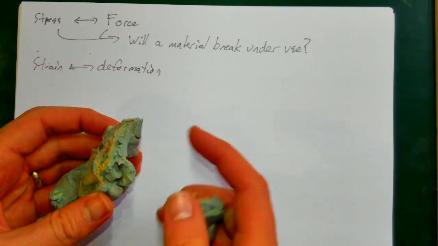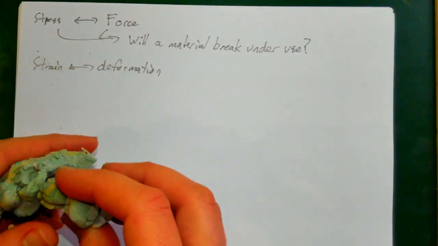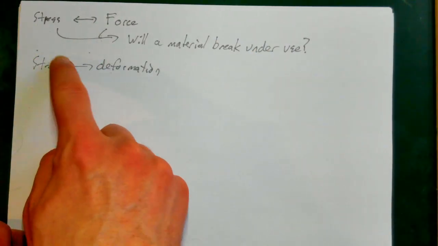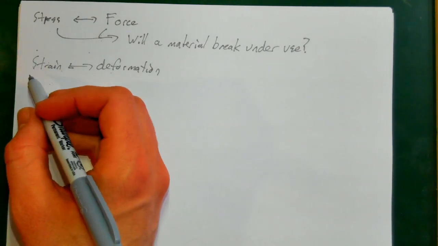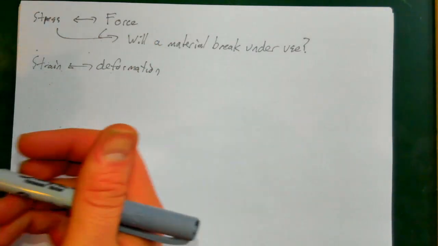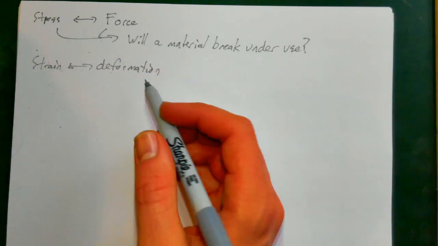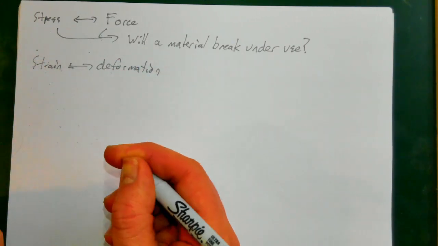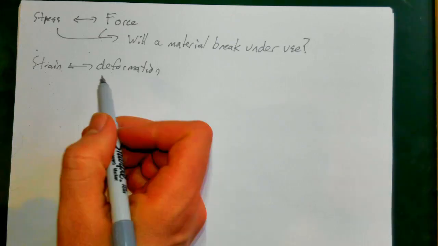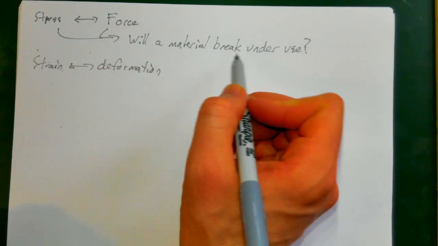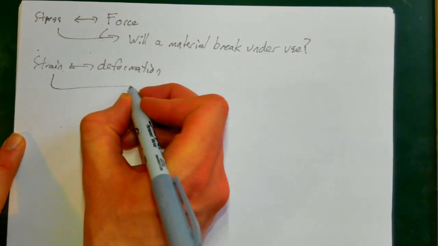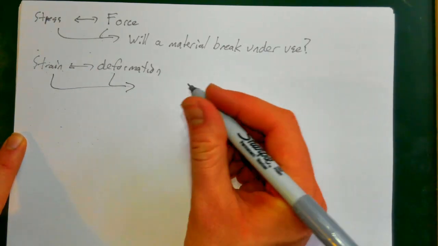Materials deform when they're experiencing this stress, and that deformation we can quantify as strain. We'll have a few different definitions of exactly how we quantify it later, but strain is related to deformation. In some contexts, strain and deformation can be just as important as a material breaking.